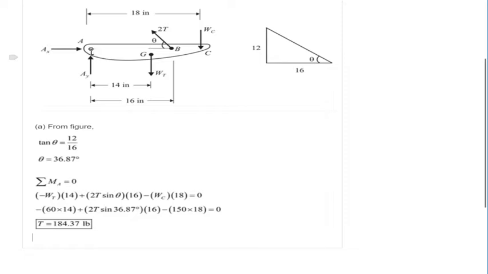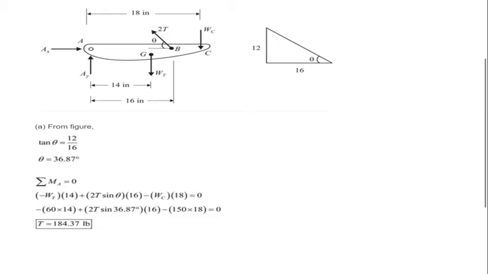If we're looking at this hinge, this weight is causing a clockwise momentum from the hinge. This tension is causing a counterclockwise momentum, so that's positive, and this weight is a clockwise momentum as well. So we multiply the forces times the distances, and we do all the math, and we find that the tension of each one of the cables, because there's two cables, one in each side of the tailgate, is going to be 184.37 pounds.